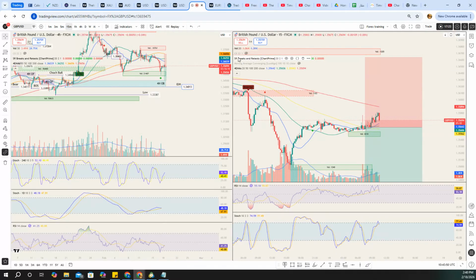Now, the major mistake was that the chandelier exit was a buy. Our triggers are that the chandelier on the 15-minute and on the 4 hour need to be sell. Now, I took the trade without looking at this chandelier. I only clicked on it after the fact, after taking the trade, and I found out that it was a buy.